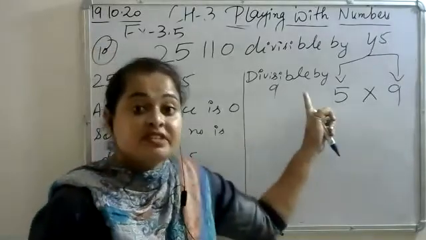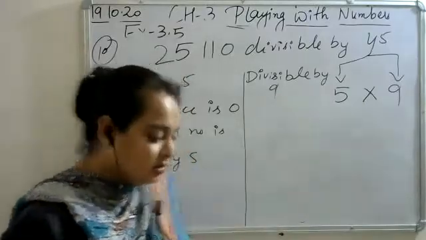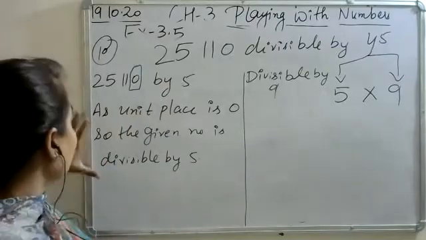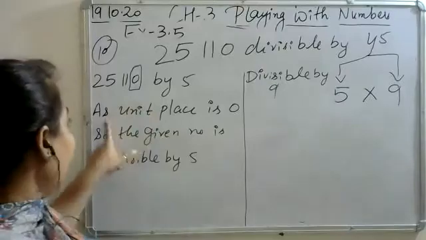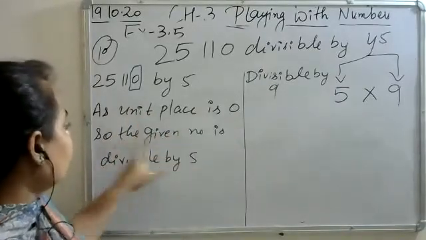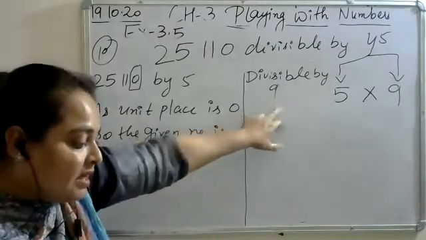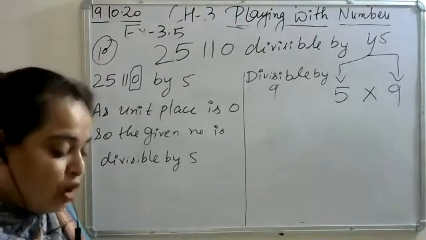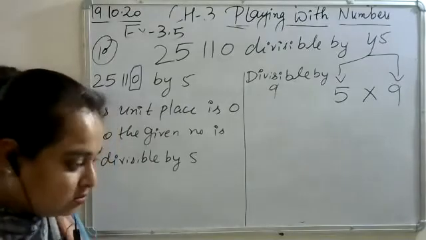Now tell me the divisibility by 9. How will you check the divisibility by 9? I want which rule you will use to check the divisibility by 9.